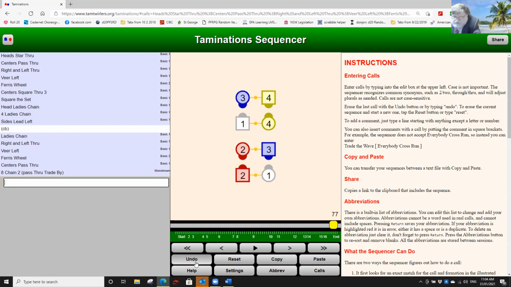Or if the boys are out of sequence, but the girls are in sequence, it has the same effect. And I purposely use this, and I'm going to do a get out, and my get out is reverse flutter. Well, why don't I do a pass through trade by reverse flutter, and it gives me my corner.